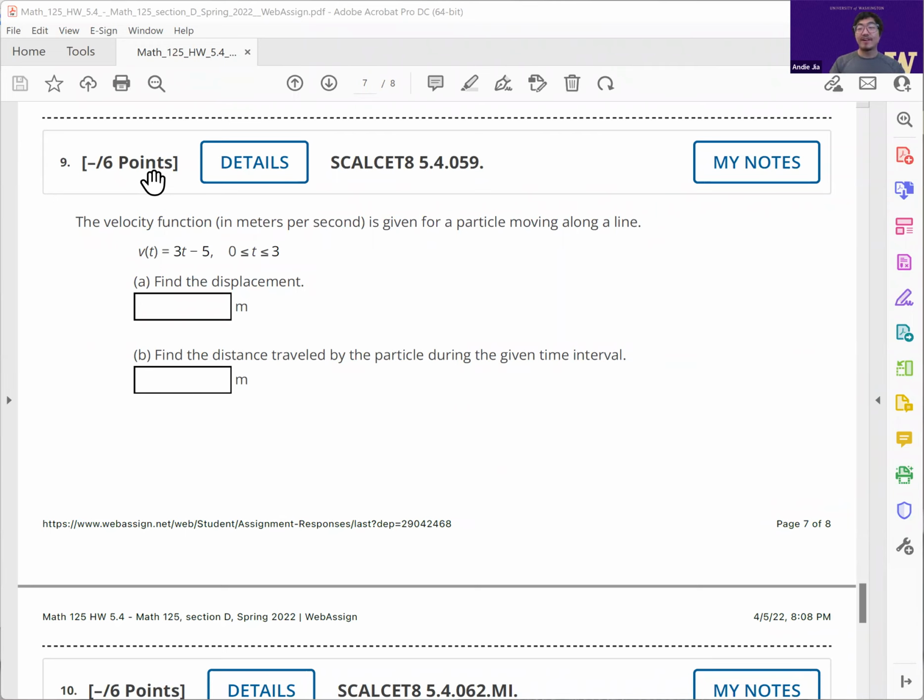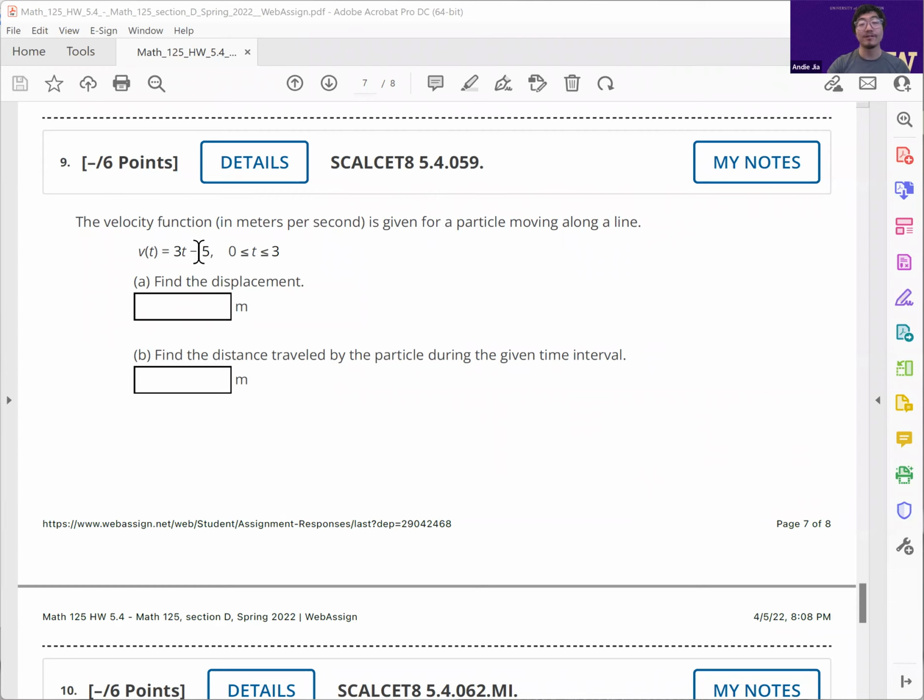So find v(t) and set it equal to 0, then rewrite the function. If over the interval v(t) is negative, then add a negative sign to swap the v(t) function. For example, if we have 3t minus 5, we set it equal to 0.